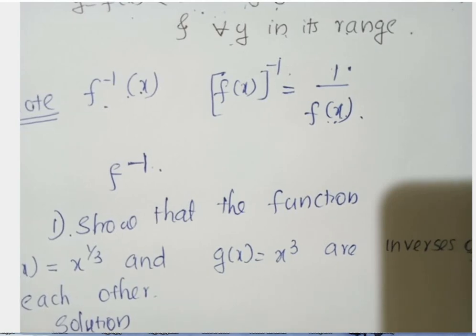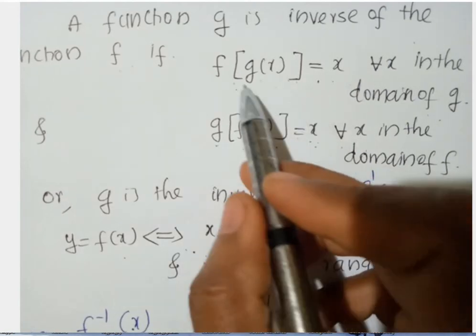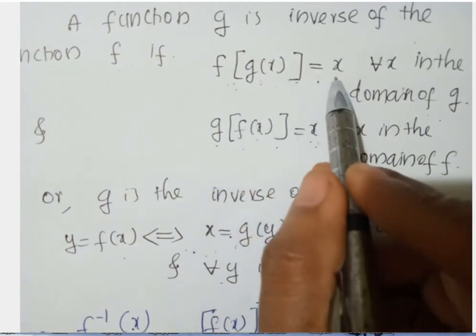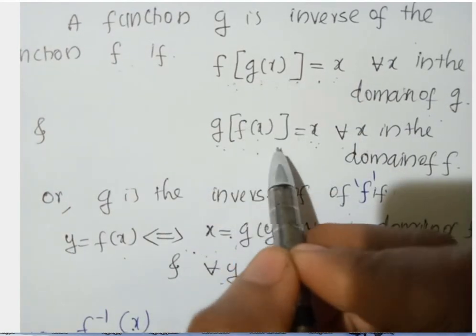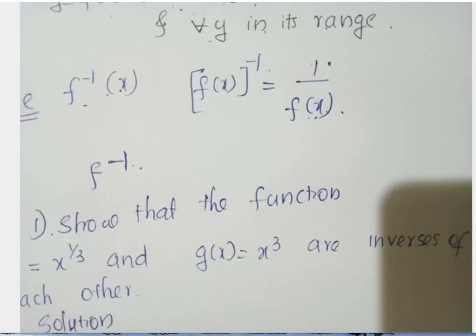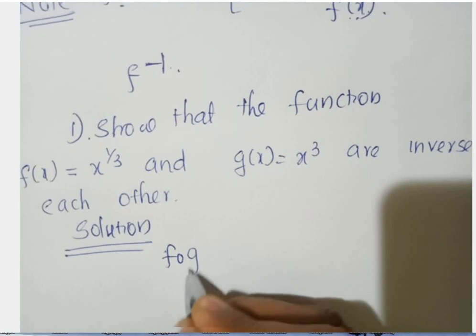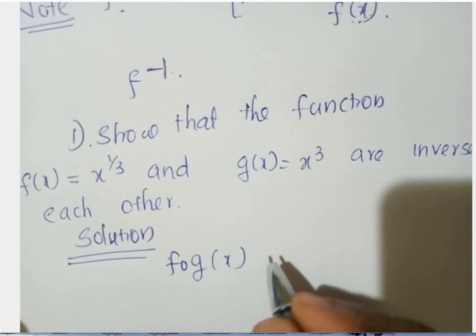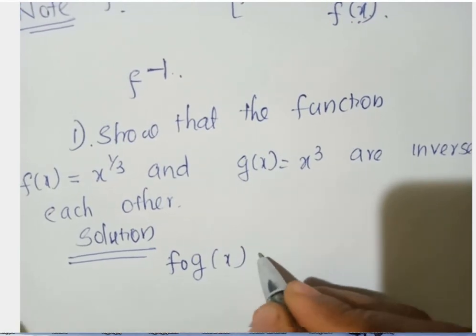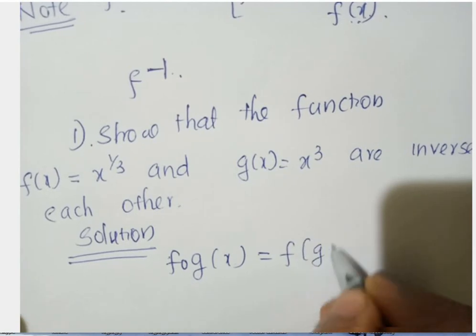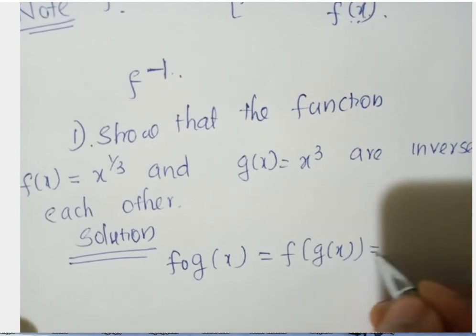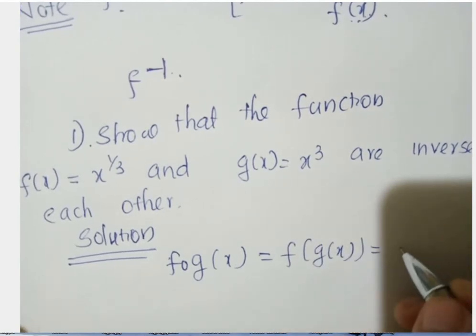We have f of x equal to x raised to 1 by 3. For that, you have to check whether f of g of x equal to x and g of f of x equal to x. So I am taking the f composition g of x, which is equal to f of g of x.